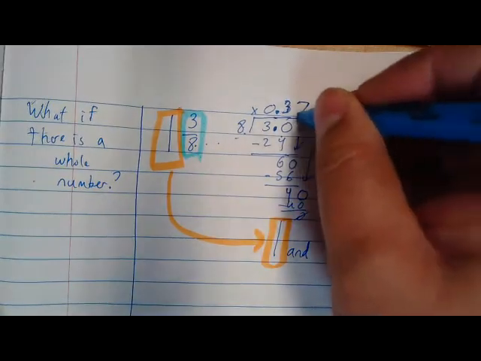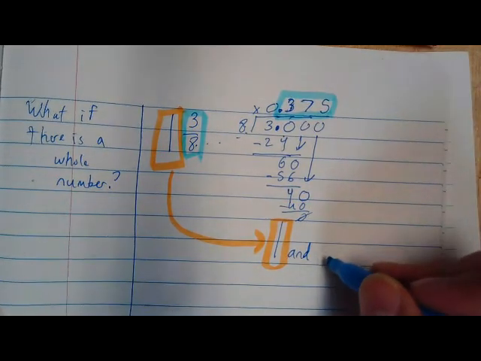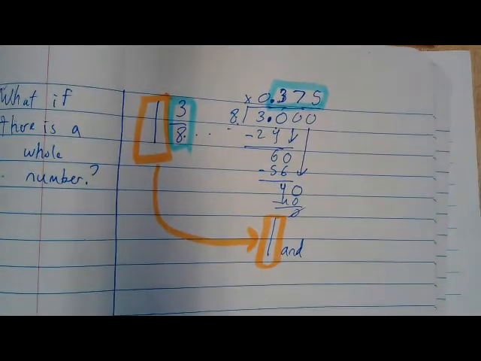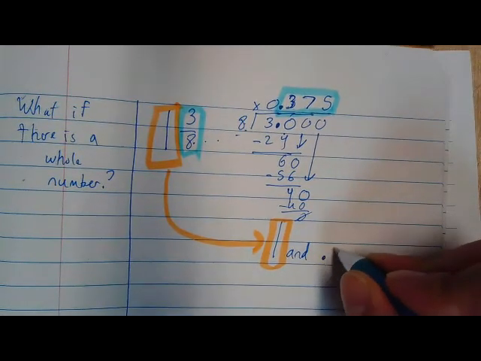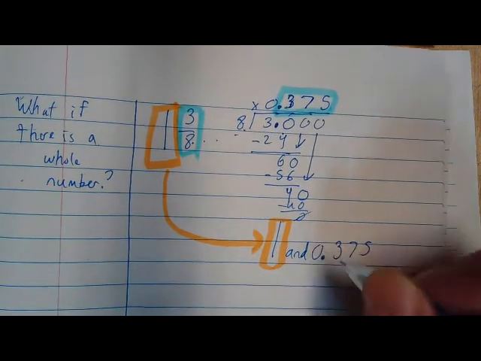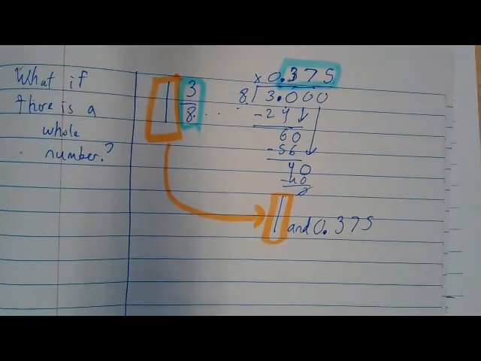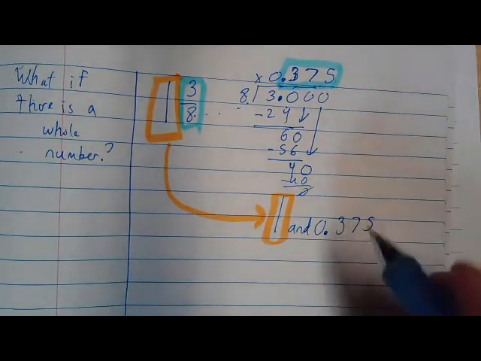Let me finish this. This is this. Right? And actually, you know what? Bear with me. You're going to see something in just a moment. Okay. You have 1 and 0.375, but you know what? That doesn't sound right. That doesn't look right.